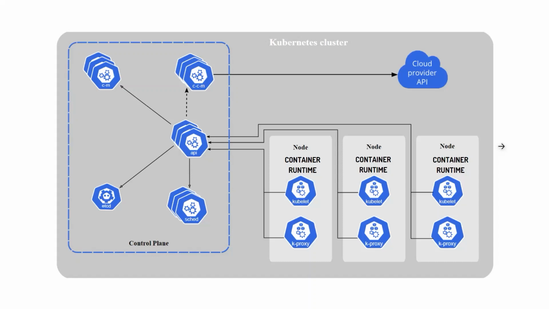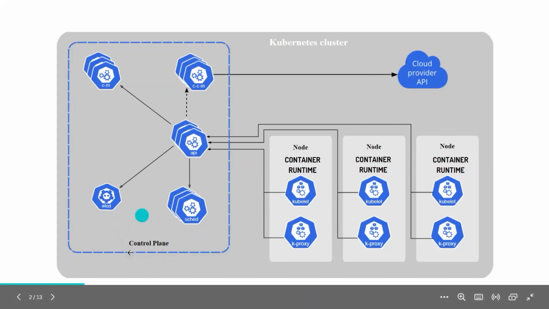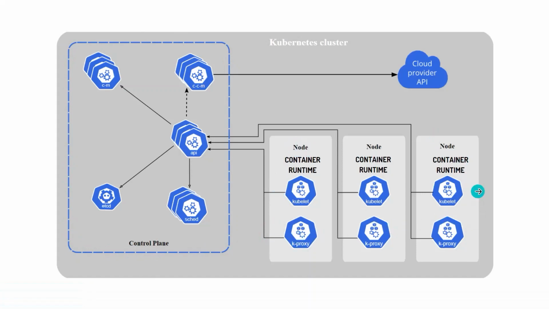So generally, a Kubernetes cluster consists of two types of nodes. One is the control plane or the master node, which is in blue dotted lines here. And the other type of node is the worker node. The three rectangular boxes that you are seeing here are the three worker nodes.